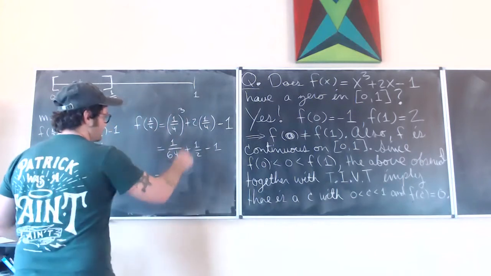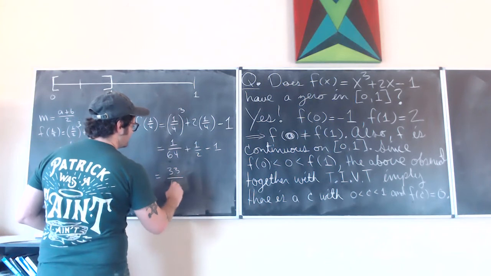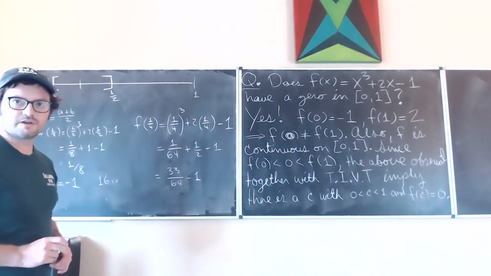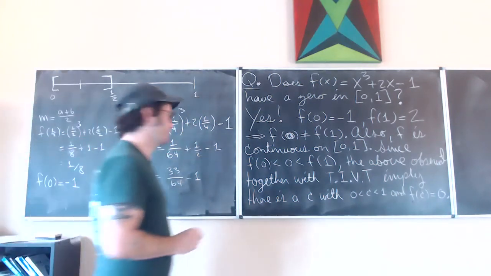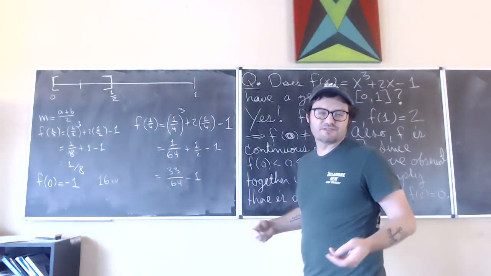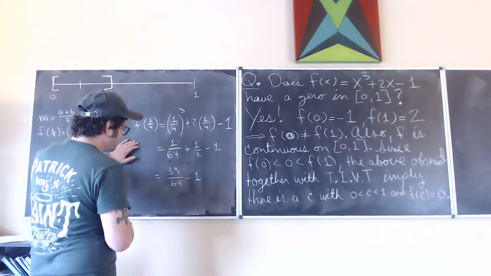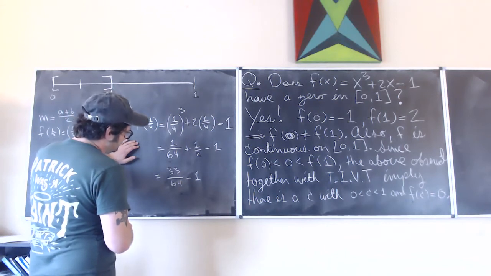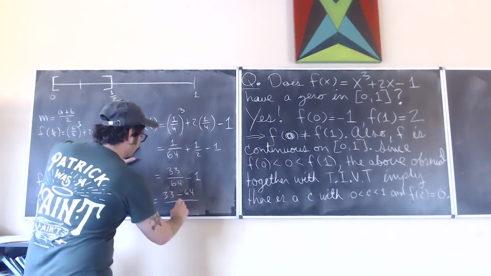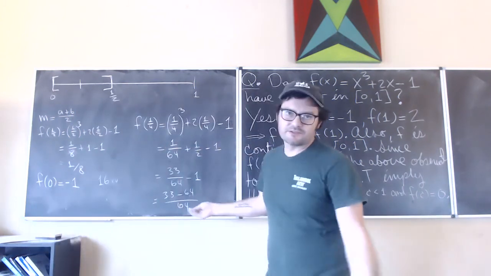So multiply this by 32 over 32, so we get 33/64 minus 1. Right? Did I do that right? If I combine those. If I had a calculator, I'd just put in the decimal approximations. I don't have a calculator on me, so I'm just doing it like that. So this is going to be 33 minus 64 over 64. Oh, this is negative. I can just see that this is negative, right?